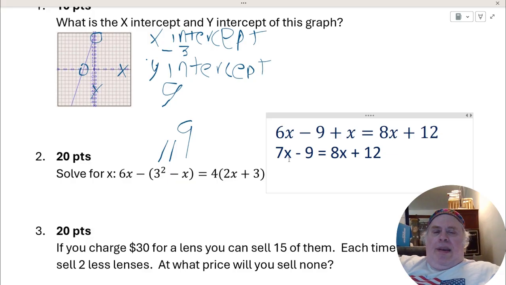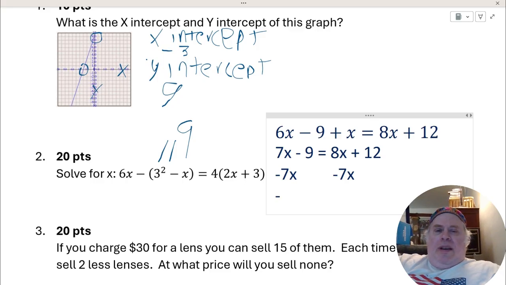Now I'm going to subtract the 7x from both sides. When you have two equal expressions, if you do the same thing to both sides, you will get the same results. You have to do it to all of both sides, but in this case, subtracting from part is the same as subtracting from all because of the commutative law.